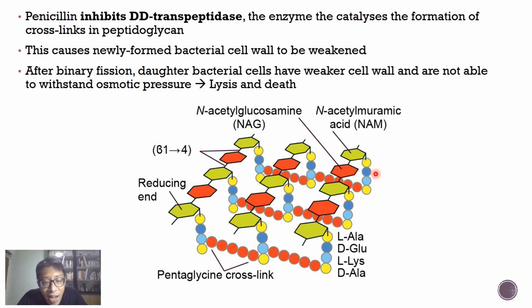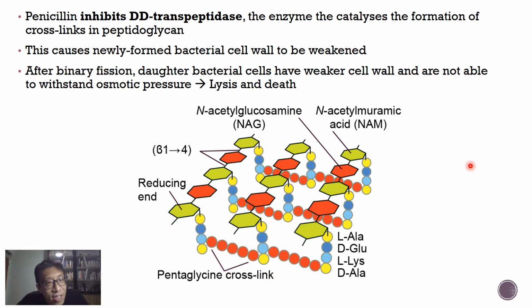Within the peptidoglycan, there are cross linkages between chains of these NAGs and NAMs. The cross linkages are formed by amino acids being joined together between the different chains, as you can see in this diagram. And these cross linkages are formed by the enzyme DD transpeptidase.